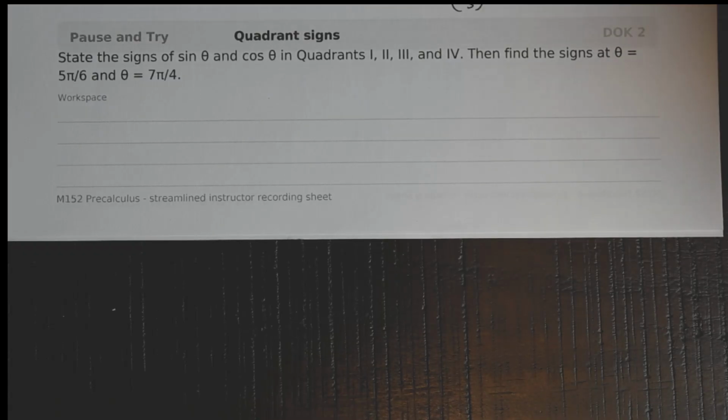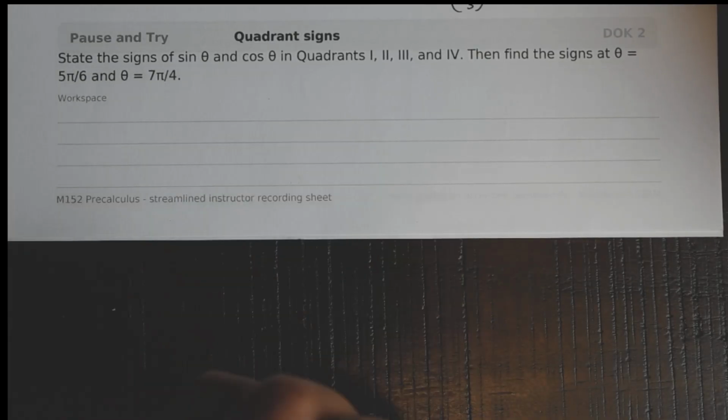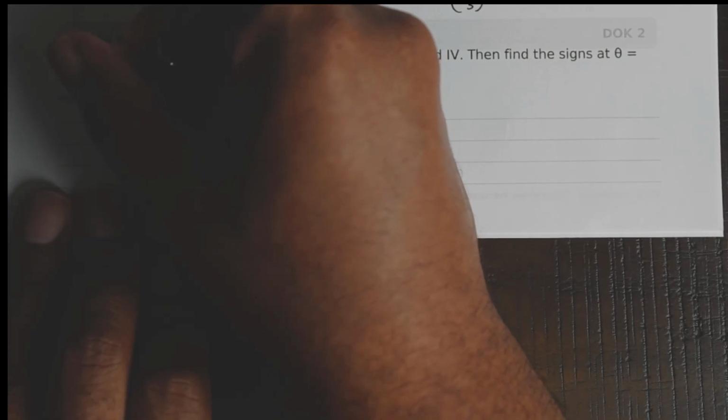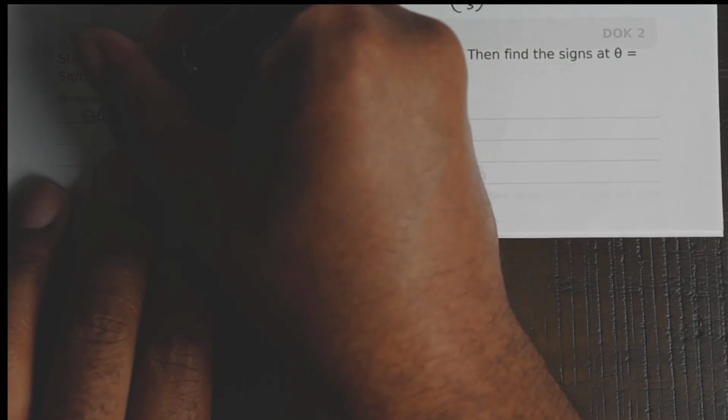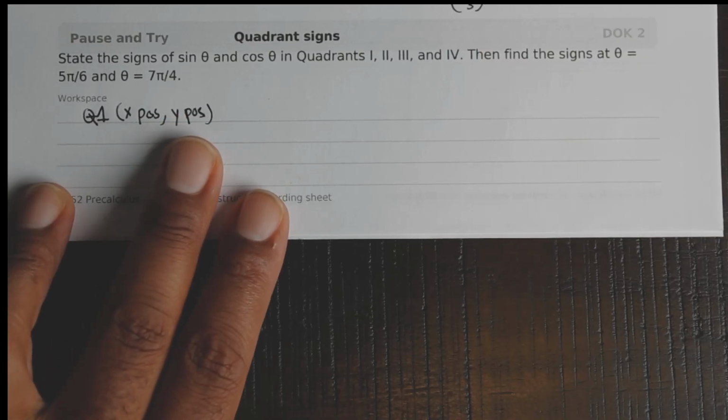Okay, so on the unit circle, remember cosine is x, sine is y. So in quadrant 1, you have x is positive, y is positive as well, right? So in Q1, you have x is positive, y is positive.